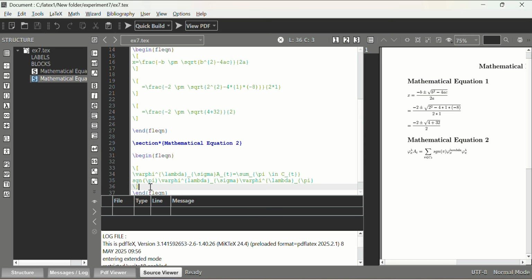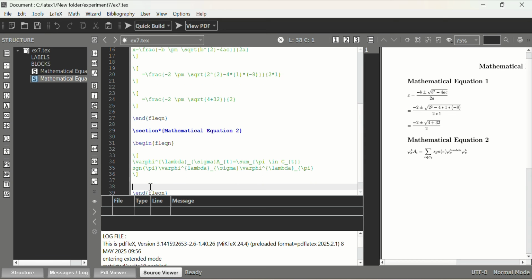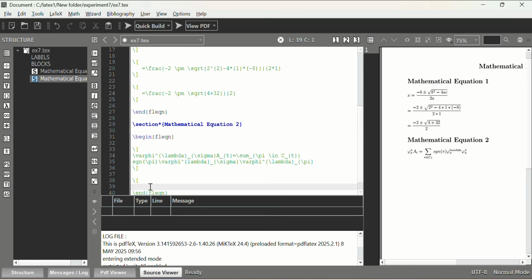Okay, so after we execute it, we can check one by one with respect to our question whether we have made any mistake or whether we have missed any brackets. Okay, we'll see at the end. So let me continue with the second equation now.